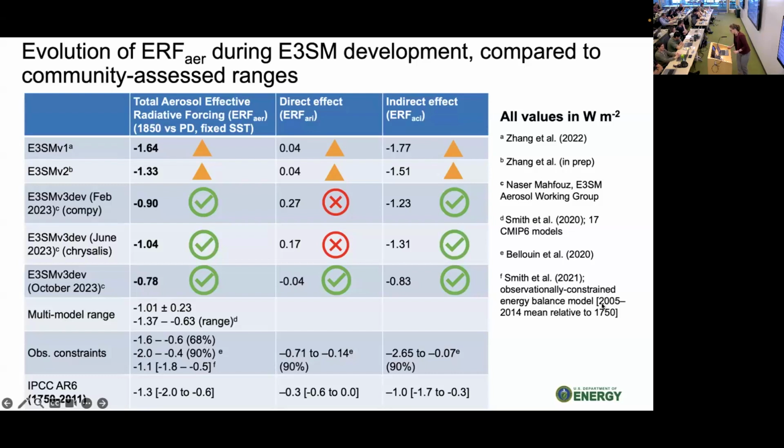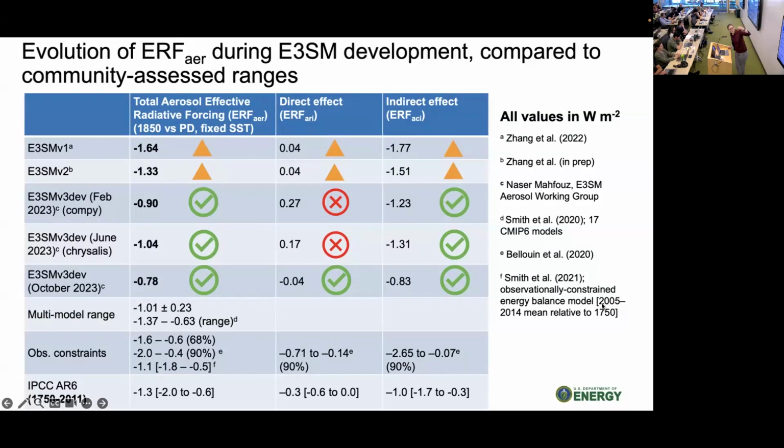The observational constraints, multi-model ranges, and IPCC assessed ranges are at the bottom. And at the top, we start with E3SM V1. E3SM V1 had a very strong aerosol effect, minus 1.64, which is within the range of the assessments, but at the strong end of the range.